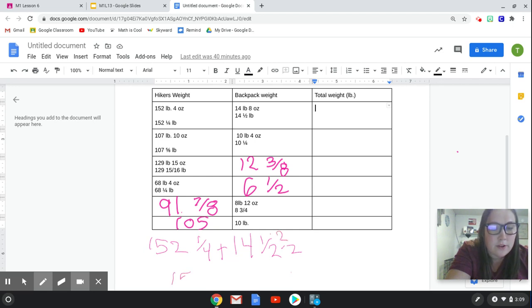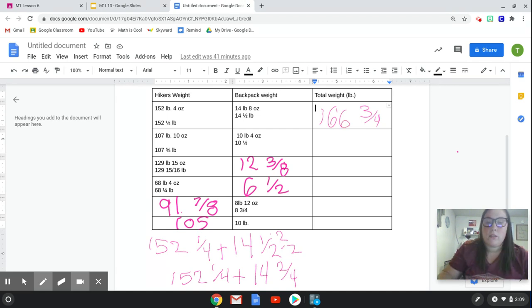So I had 152 and 1/4 plus 14 and 2/4. I'll add those fractions first: 1/4 and 2/4 is 3/4, and 152 and 14 is going to be 166 pounds. So 166 and 3/4 pounds.